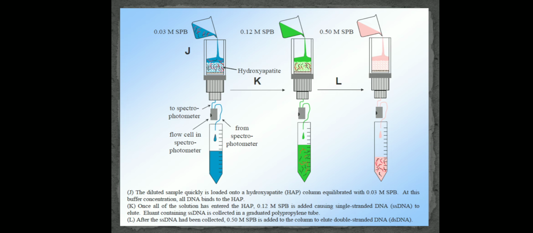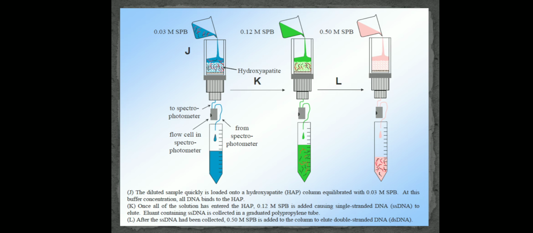As I told you, you have collected the DNA in 0.03 molar sodium phosphate buffer. The chromatography technique that we are using here is called hydroxyapatite column chromatography. This is just a simple column, and the column is filled with hydroxyapatite.